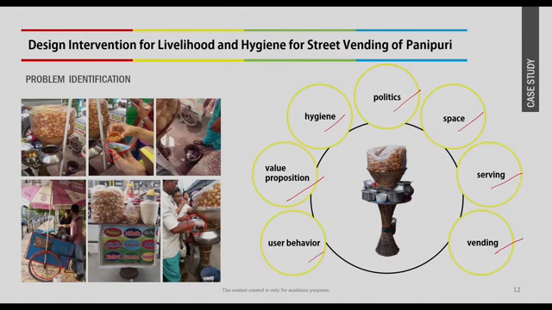There is other user behavior also. We observed the way they sell, the way they display, and there are different kinds of displays. There are displays of cloth; sometimes they use red colored cloth around their cart.